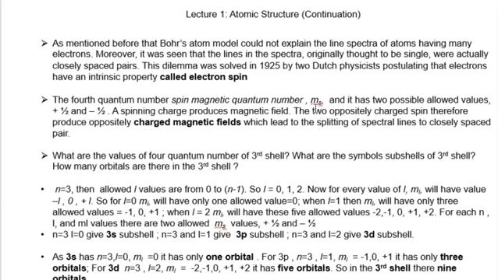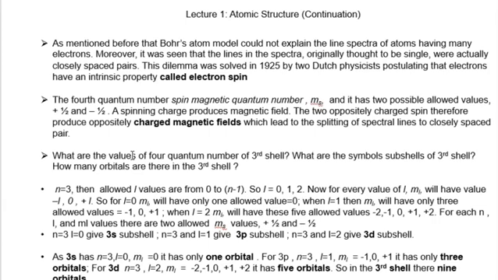It has been experimentally proved that the electron has two allowed values: plus half and minus half. A spinning charge produces a magnetic field. Therefore, two opposite spins produce different magnetic fields. That can explain the splitting of spectral lines into closely spaced pairs.